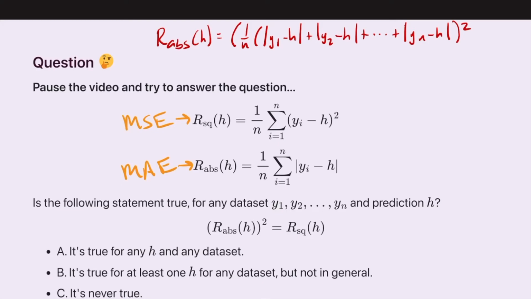If we go ahead and expand it and square it, what do we wind up getting?